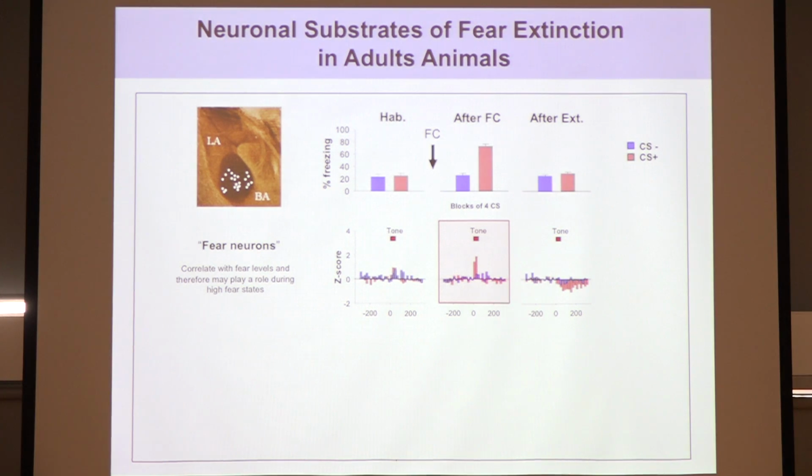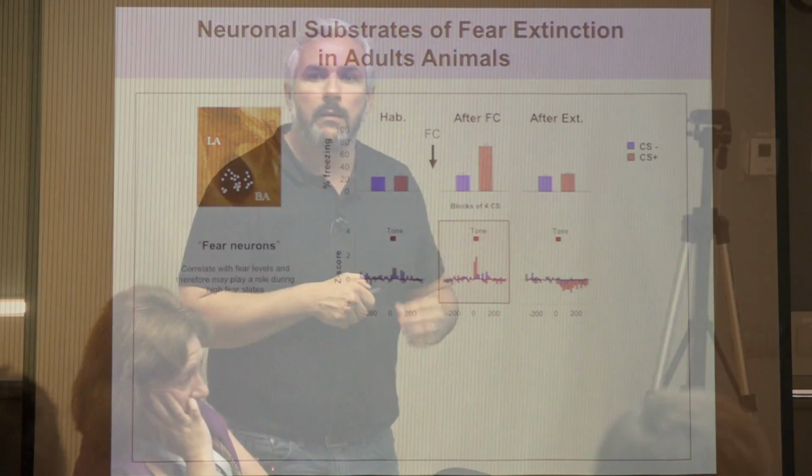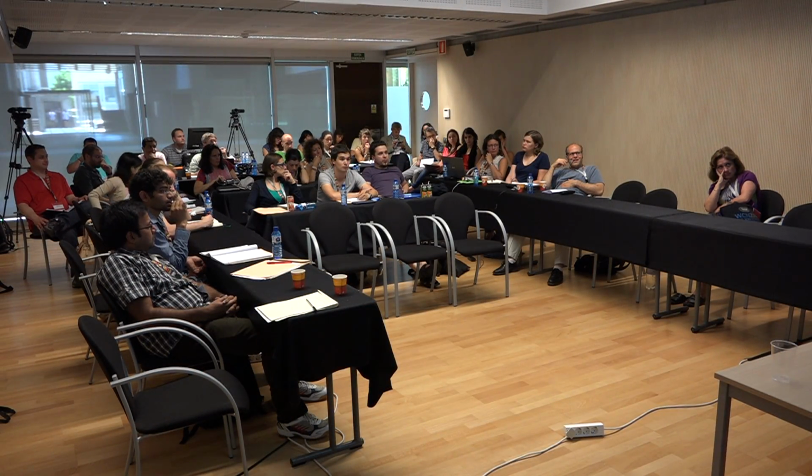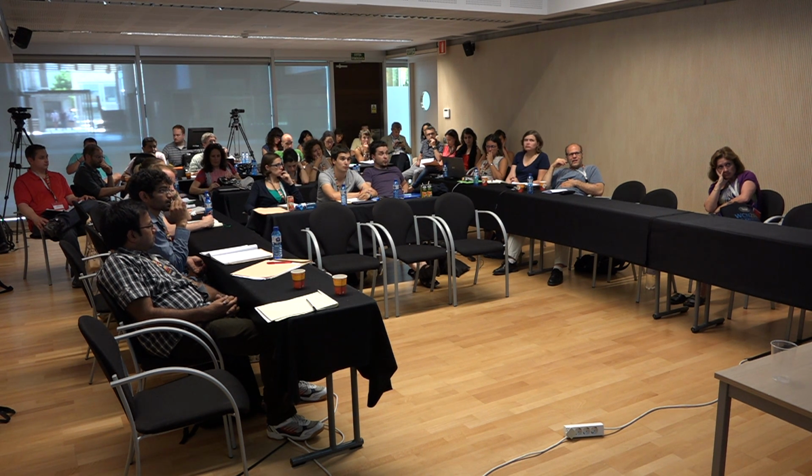Can I have a question? Yeah. Do you think these neurons always respond to the conditioned cue? Like, if you would record from the same neuron 24 hours later, would they respond? For this particular class of neuron, the first thing is that you need to record the same neuron for several days.